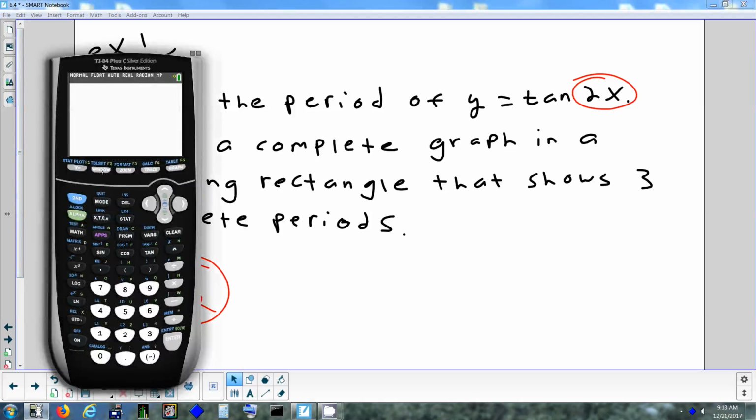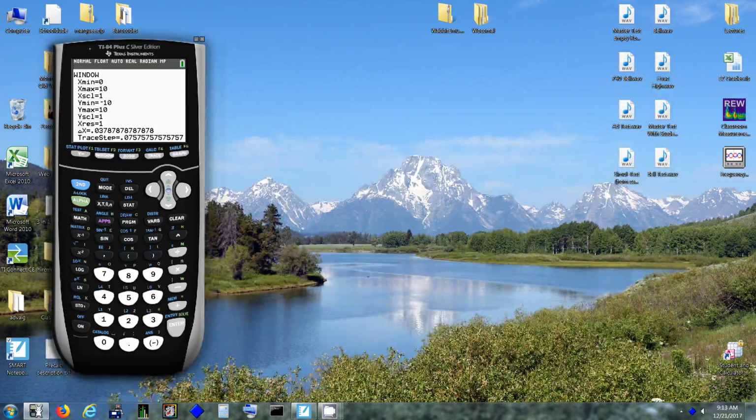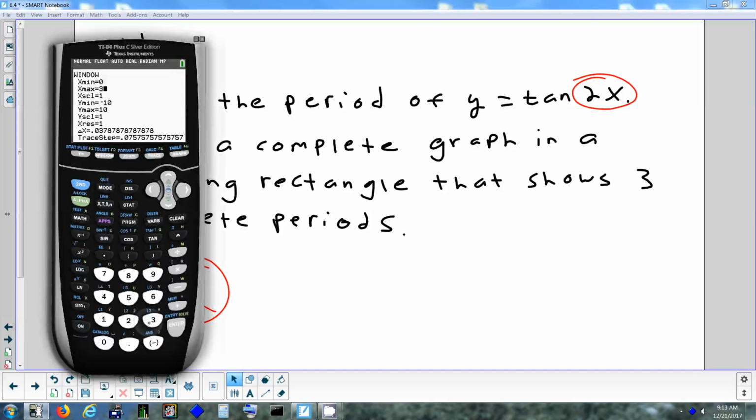But let's try 0 to 3 pi over 2. And let's see what happens. So when I graph that, I'm going to get 3 periods, but I did cut one off kind of halfway through.